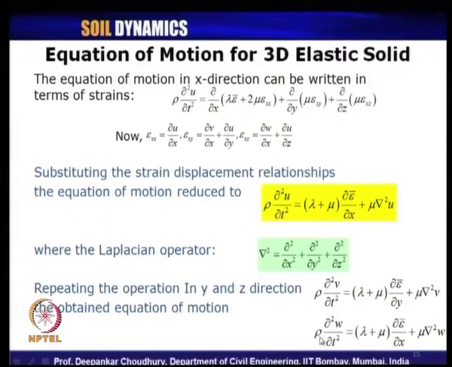Similarly, for the z axis direction, the equation will take the form rho del 2 w by del t square equals lambda plus mu times del epsilon bar by del z plus mu times grad square w. So, now we are taking this Laplacian operator with respect to the component of displacement in the z direction, that is w.